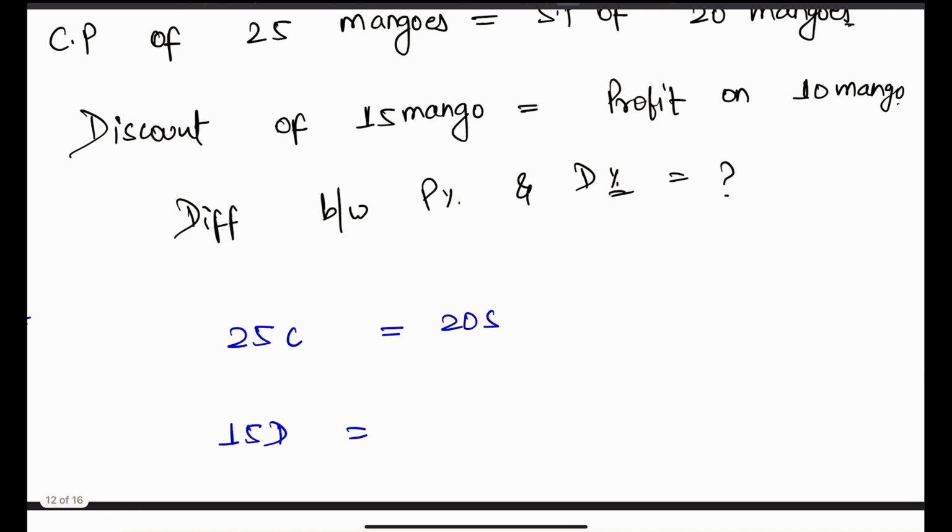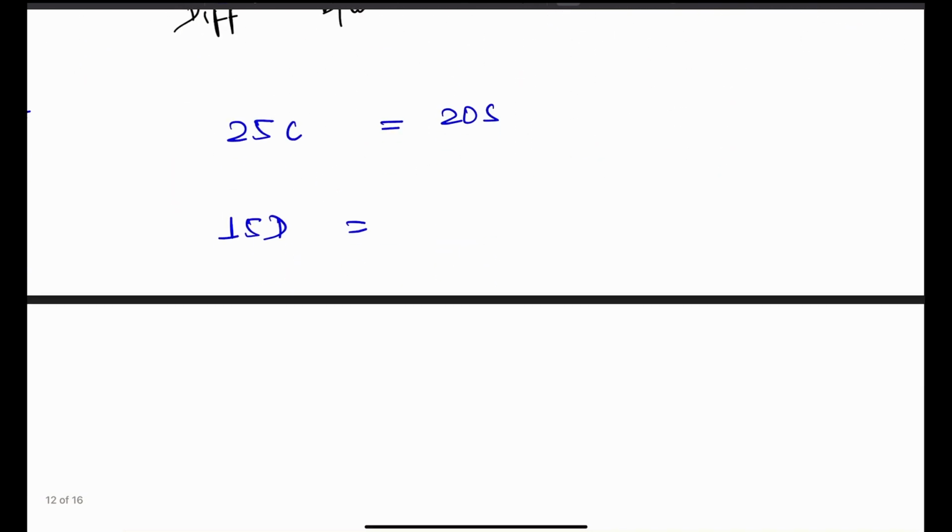If the profit of one mango is P, it will be equal to 10P. So if I divide it, my cost by selling price C by S becomes 4 by 5. And D by P becomes 2 by 3.